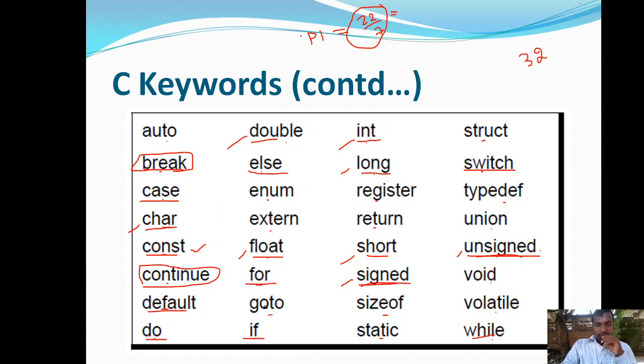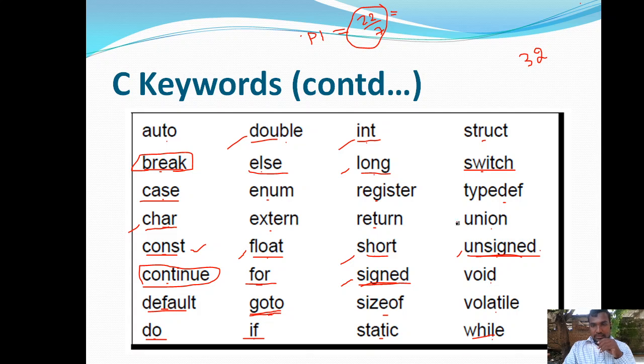And goto is generally used with labels. Nowadays in C programs we do not use the goto statement; programmers generally prefer not to use this goto keyword.